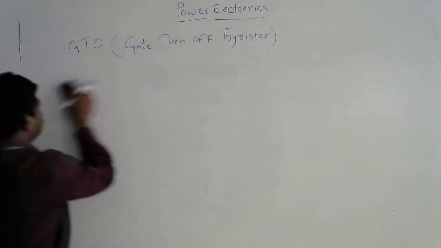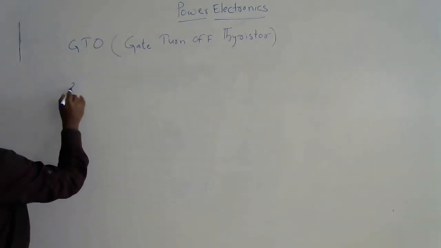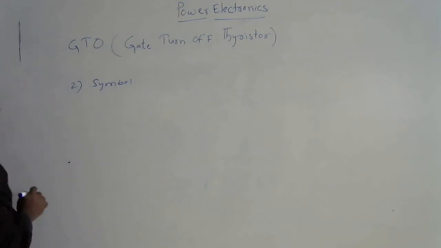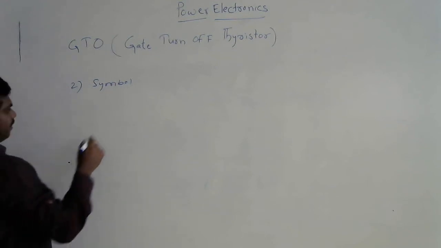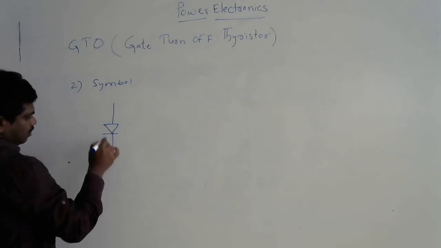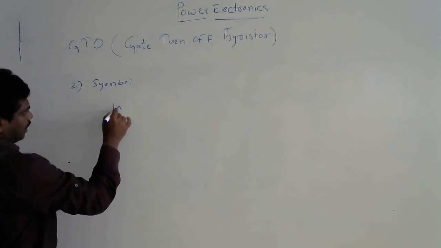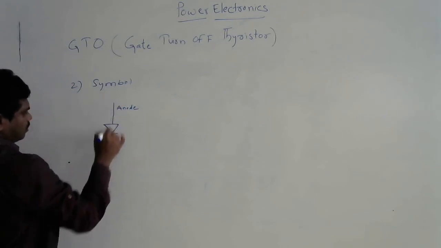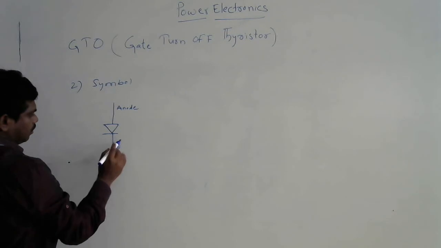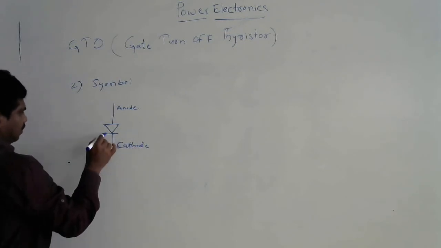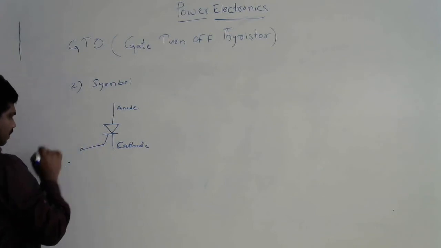We'll see the symbol of GTO. We can represent this GTO in two different ways. First, look at this. This is my anode terminal of the device. This is the cathode terminal. And this is my gate terminal.